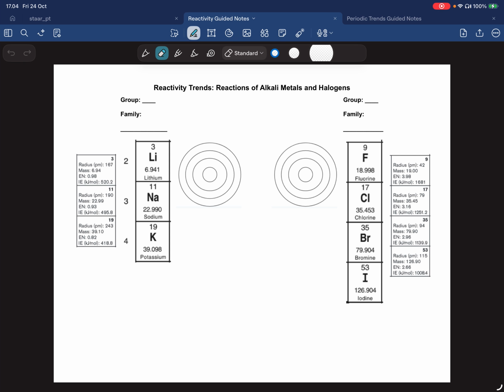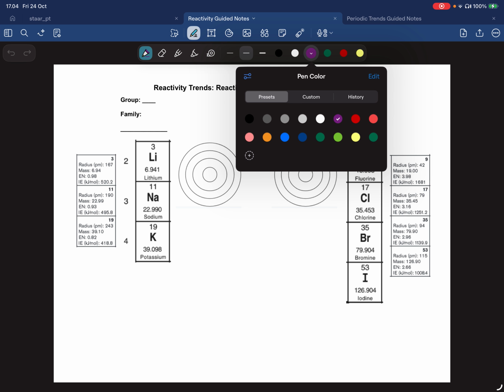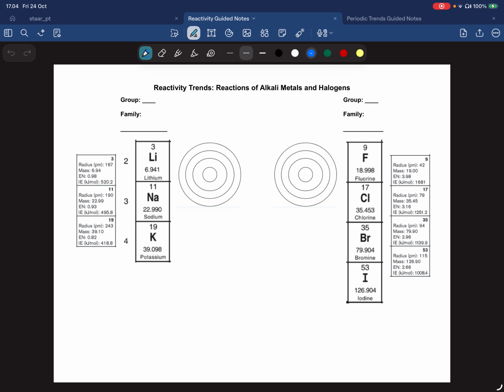Okay, ladies and gentlemen, so the last set of notes for the periodicity unit is all about reactivity, okay? So the trends in reactivity. Now, generally, when we're talking about reactivity, what we're talking about is the speed with which things occur. So we're just going to define reactivity for our purposes.